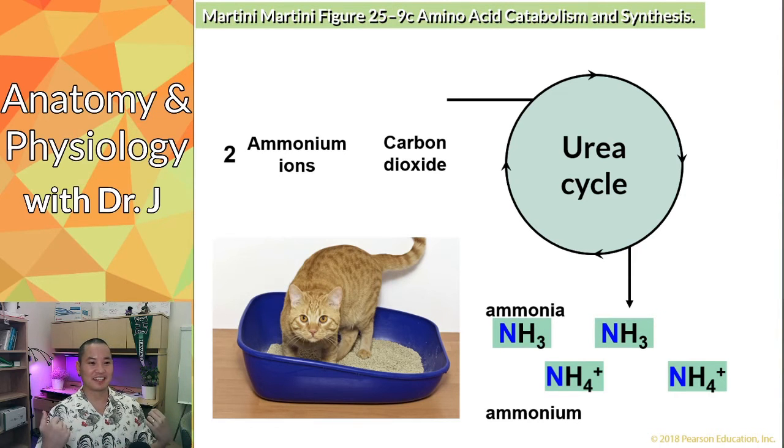When I went outside, I was like, oh my God, this really smells strongly. That's because of all the ammonia and ammonium. And that's why if you don't clean out your litter box, it's going to smell strong, because of all that ammonia and ammonium resulting from urea breaking down.